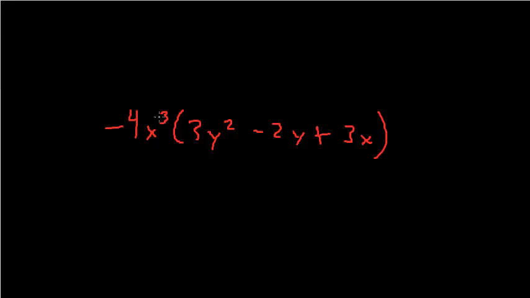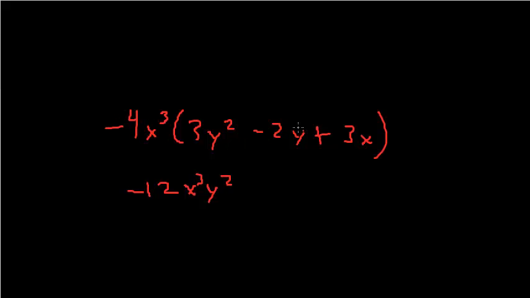Let's take negative 4x cubed and multiply that by 3y squared minus 2y plus 3x. So here again I just distribute. I have negative 4 times 3, which gives me a negative 12. X cubed, well, there's no x term here, so I just have x cubed that comes down. And I have here this y squared, which also comes down.